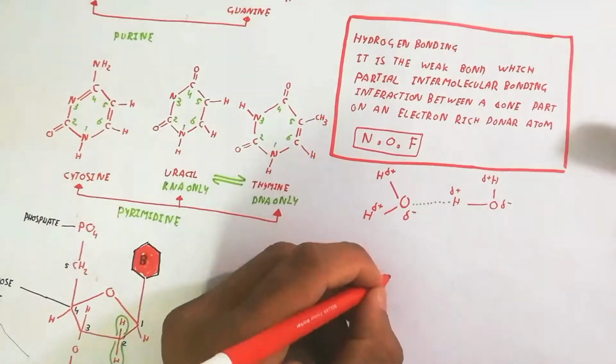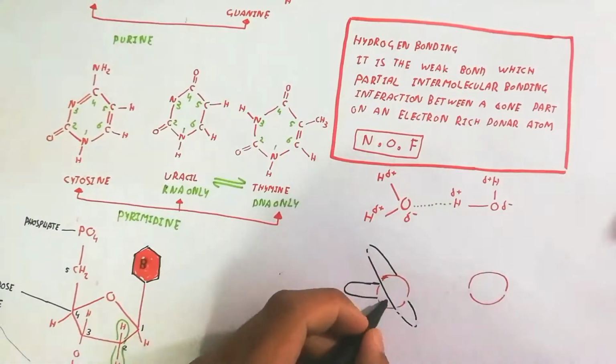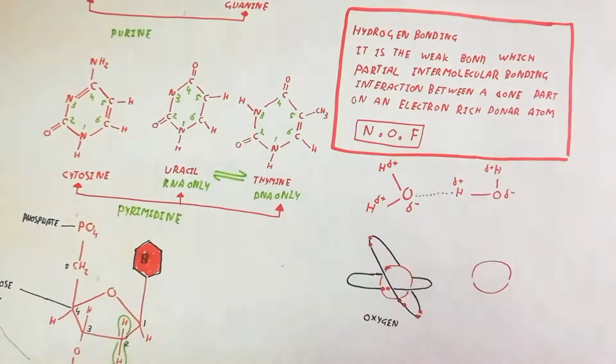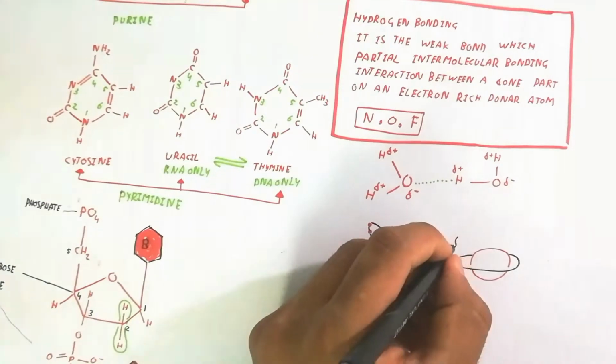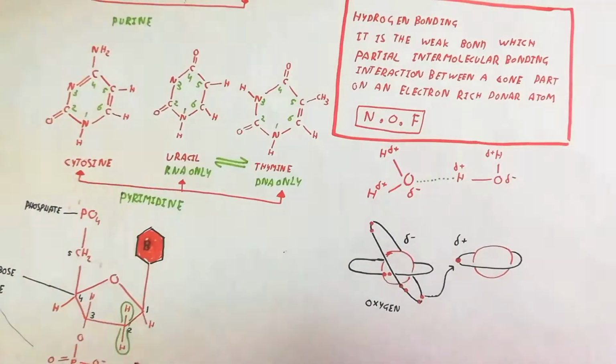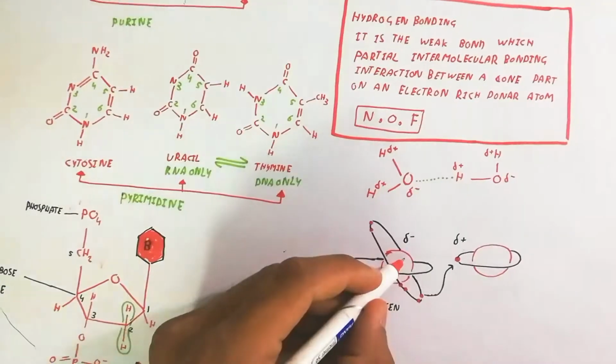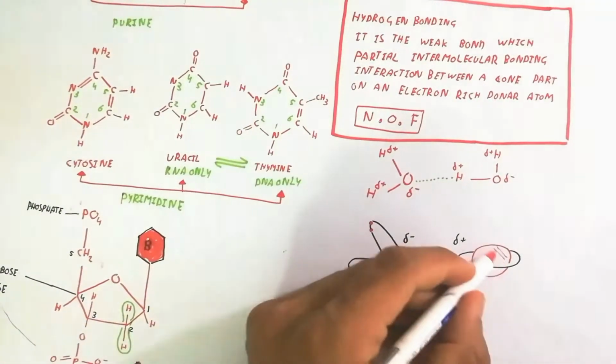Take water, which contains oxygen with lone pairs of electrons. There is a partial positive charge on the hydrogen and a partial negative charge on the oxygen that attract each other, without completely donating the electron.